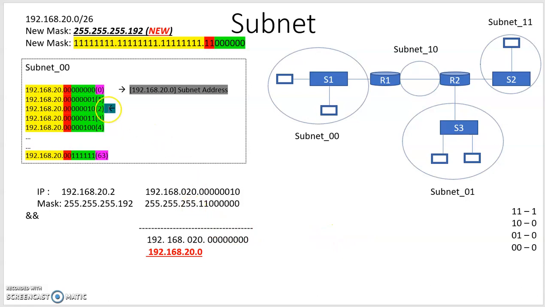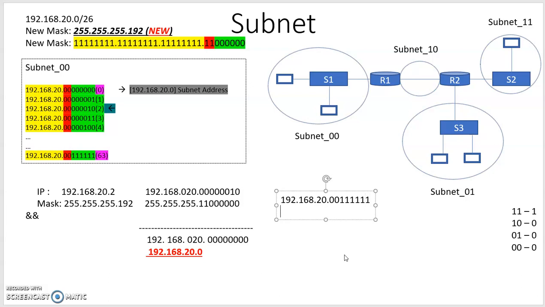Okay, so for the truth table, let's pick another one. Let's pick this last one and see what happens. What is this last one? 192.168.20, and then this value is 0, 0, and then 6 ones. 1, 2, 3, 4, 5, 6.